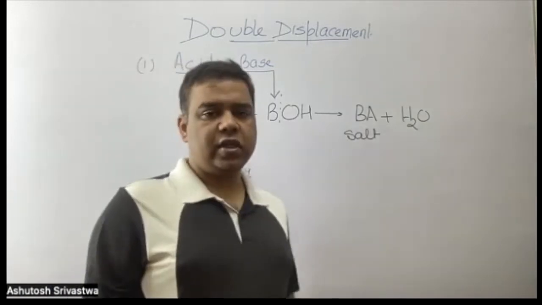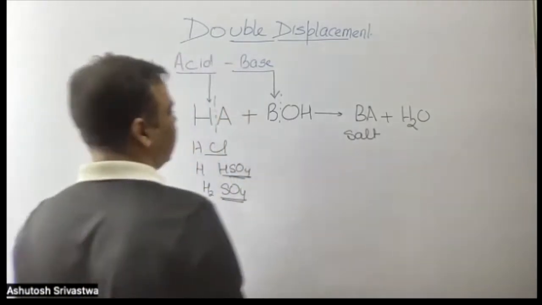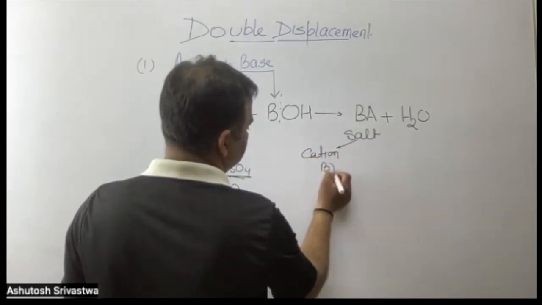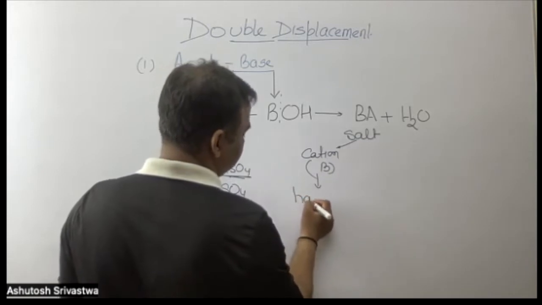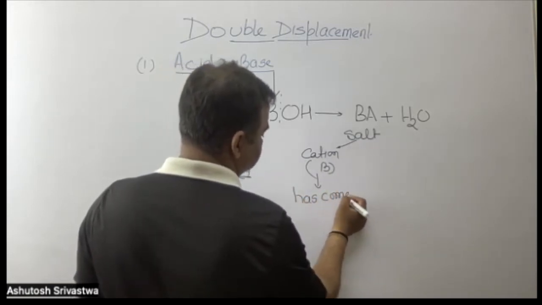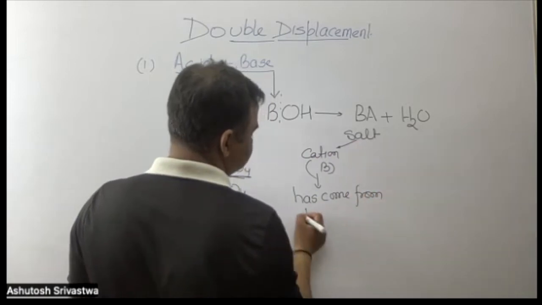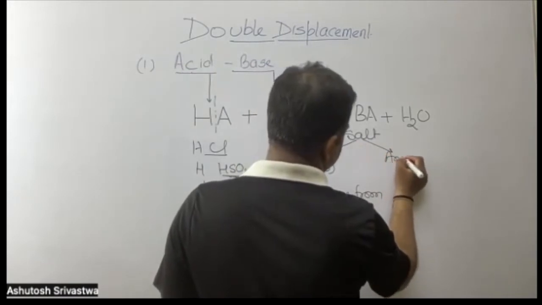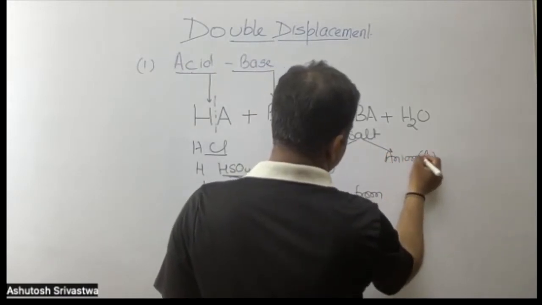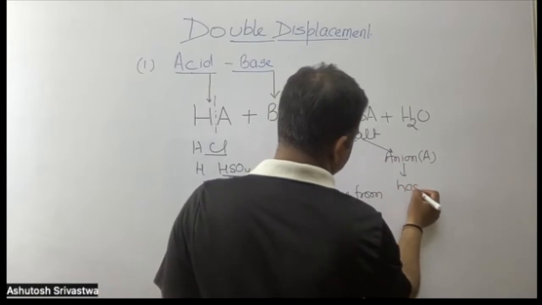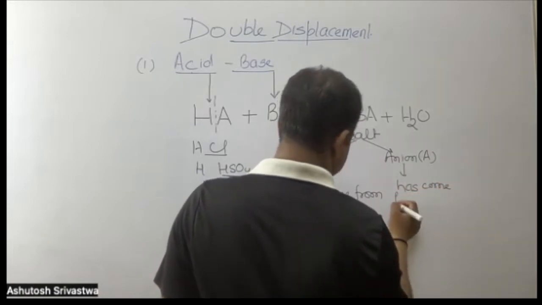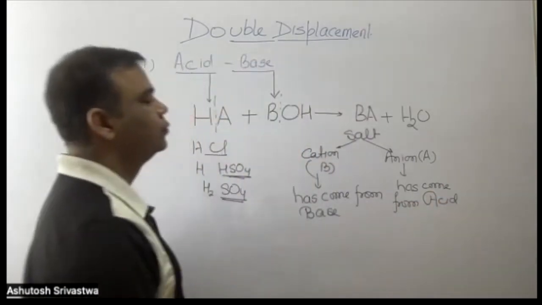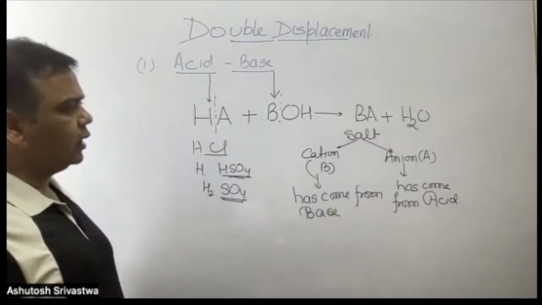You can see the formation: the cation B of the salt has come from the base, and the anion, that is A, has come from the acid. Very easy.